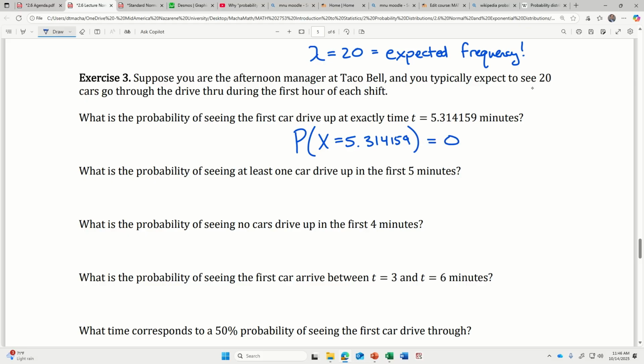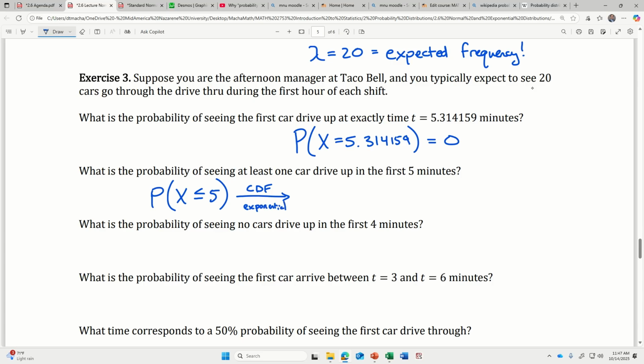What's the probability of seeing at least one car drive up in the first 5 minutes? Well, that's going to be the probability that the time between these random events is less than or equal to 5. So this is a question for the CDF of the exponential distribution.